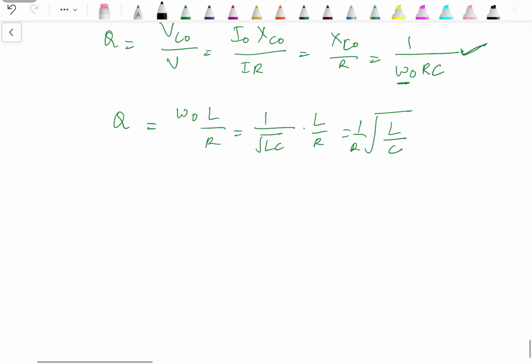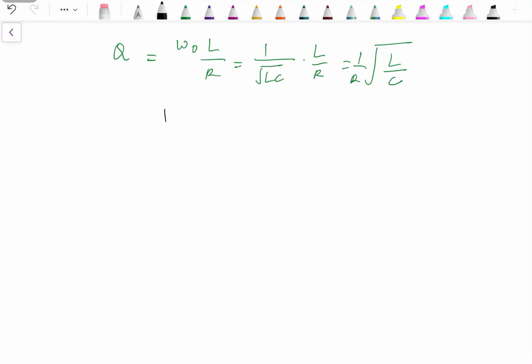Now coming to the parallel resonance, the condition for resonance remains the same, that power factor should be unity.